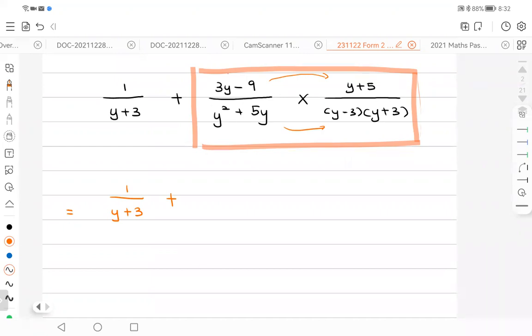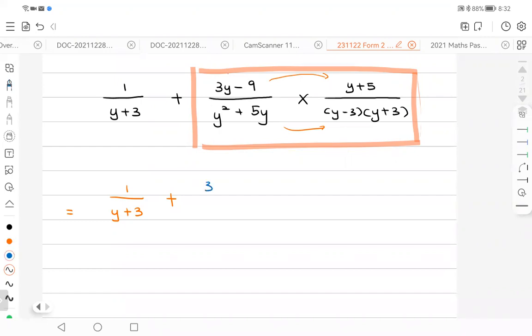So we need to factorize. Actually, there are common factors. You find out the common factors first, then only we simplify. The third step would be to group it together into the same denominator. So factorize first. You look at the numerator here, 3y minus 9. The common factor is 3.